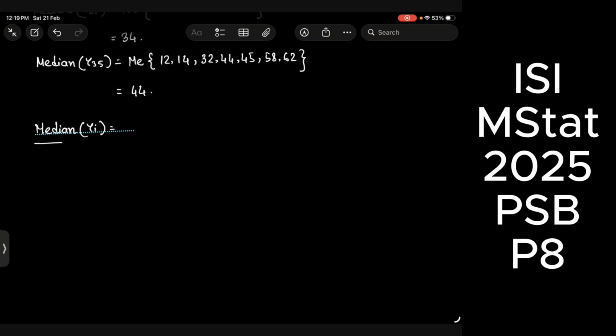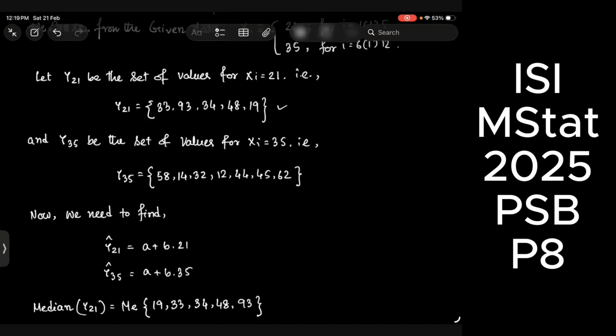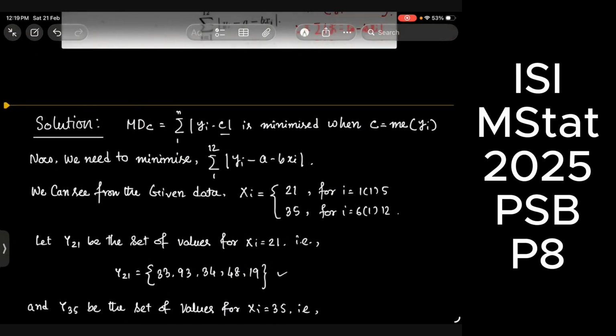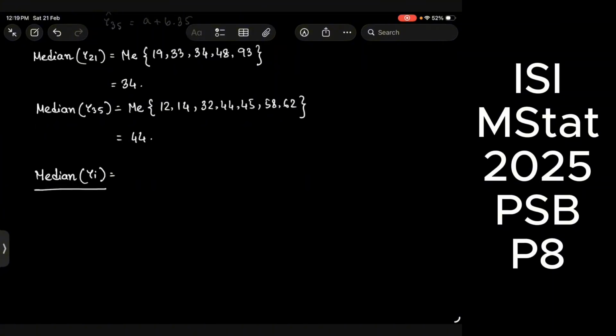So we need the median of yi to minimize this, right? You agree on that? Yes. Then we have two equations. Anyway, I am not writing it like that.